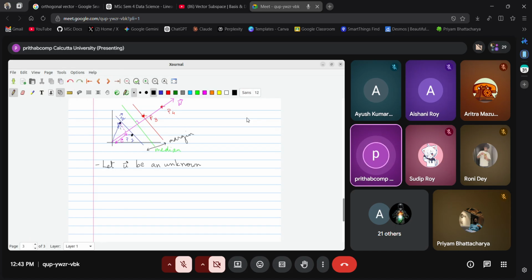We are doing it in terms of any point because ultimately we will be predicting for a new point. So let's say that U is an unknown vector for which we want to decide the class.